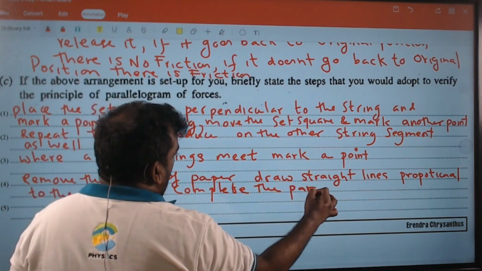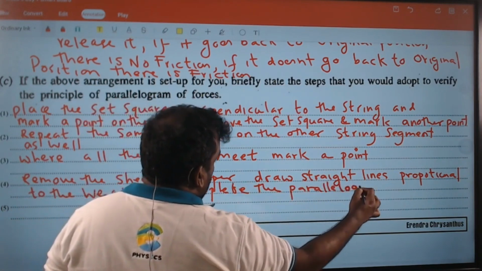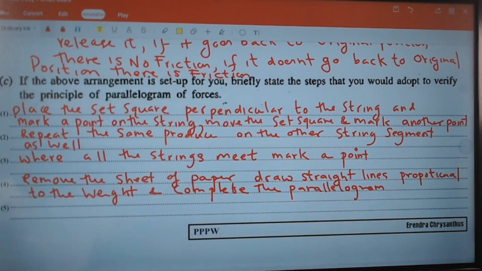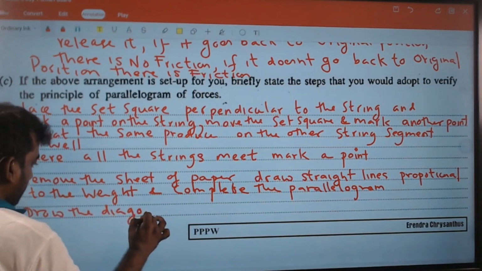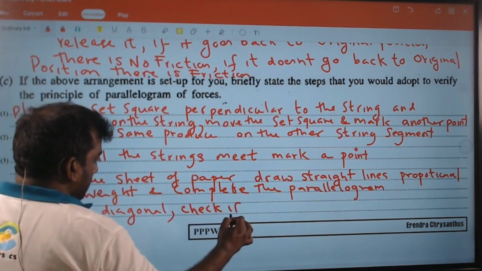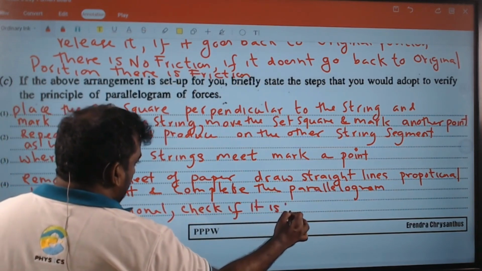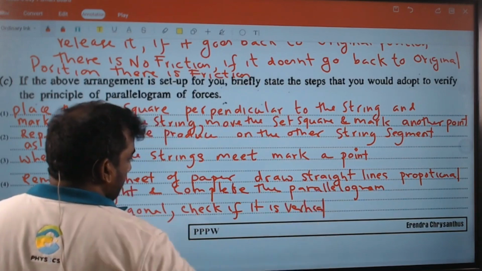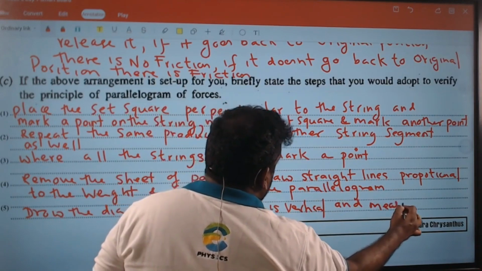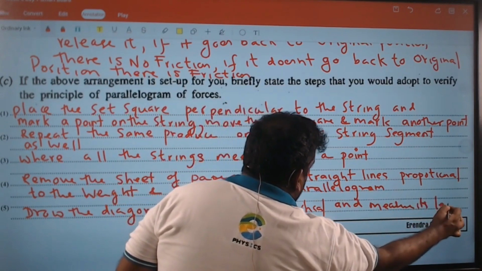So now the parallelogram is complete. Then what do you do? Draw the diagonal. Check if it is vertical and measure its length.